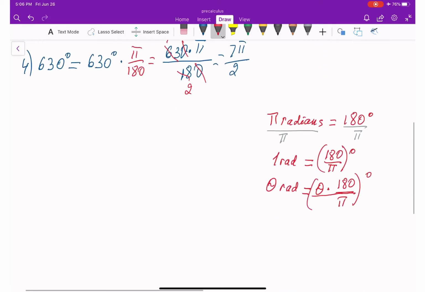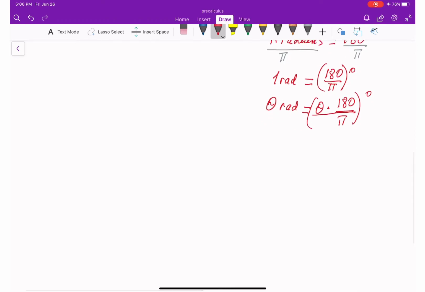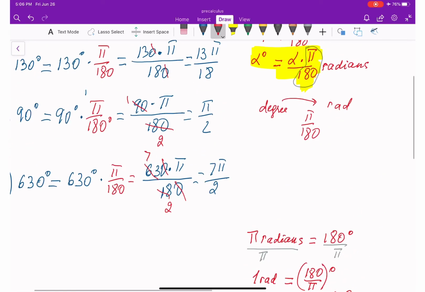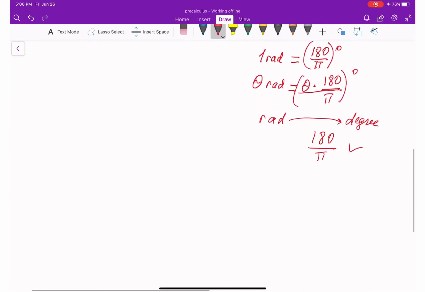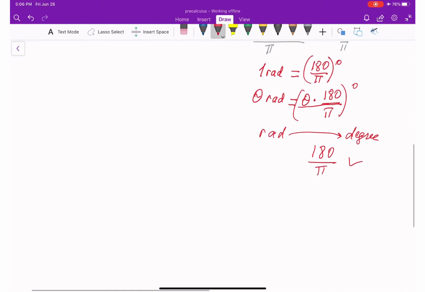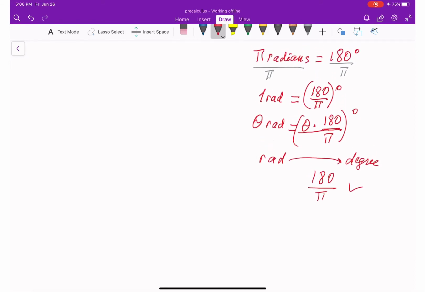But if I want to convert from radian to degrees, I take the radian and multiply by 180 over pi. So you practically flip it: pi over 180, and here you have 180 over pi. So in a minute, once I solve a couple of problems, I'll tell you how to remember not to get confused about in which case it's 180 over pi and in which case it's pi over 180.